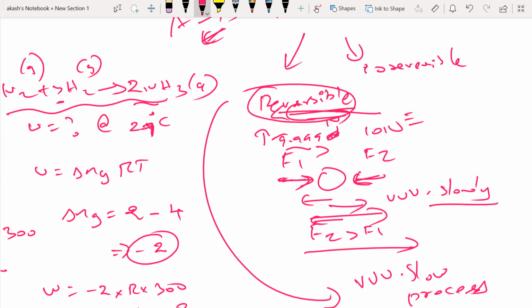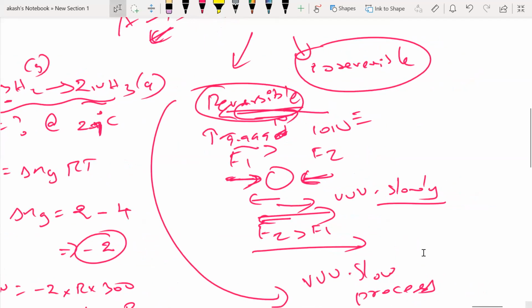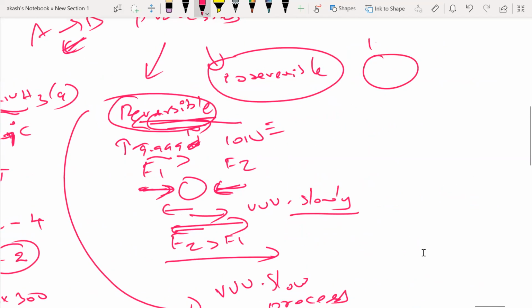Now what about irreversible? Exactly opposite. It's not like you will not be able to reverse it, but for reversing you have to spend a lot of energy. For example, I'll give you an irreversible process. Say I have a body at 100 degrees Celsius and a body at 25 degrees Celsius. Naturally the heat is going to flow from 100 degrees Celsius to 25 degrees Celsius.